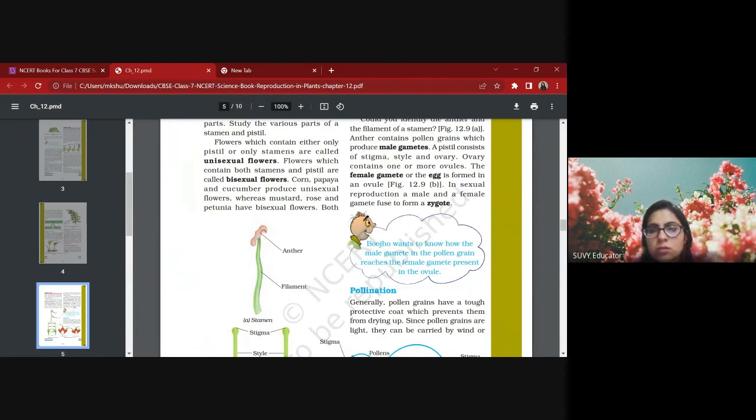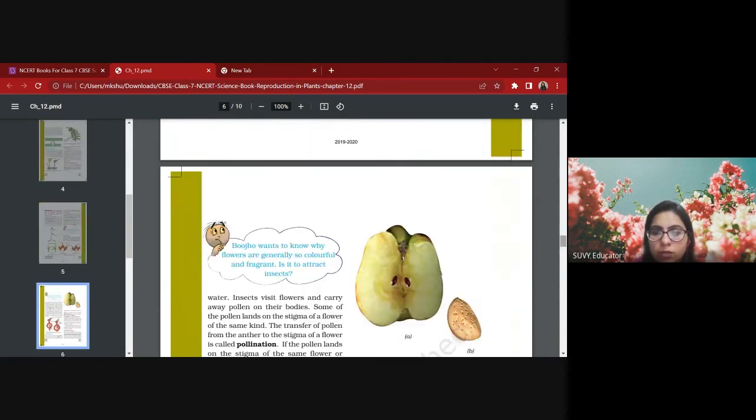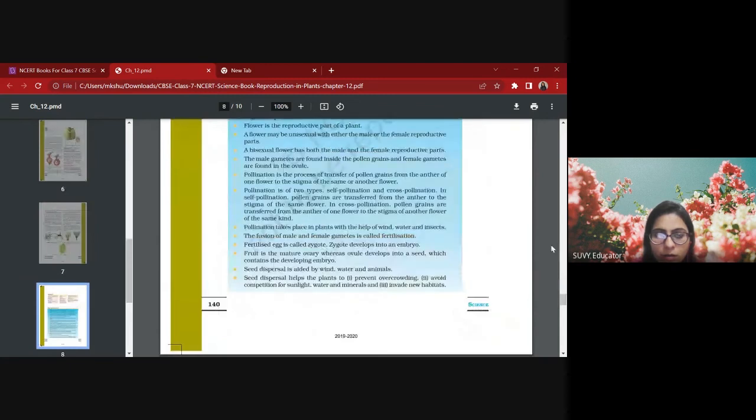Male gamete is pollen grain, and female gamete is egg. Okay, male gamete is pollen grain, and female gamete is egg. So this is the male reproductive part.